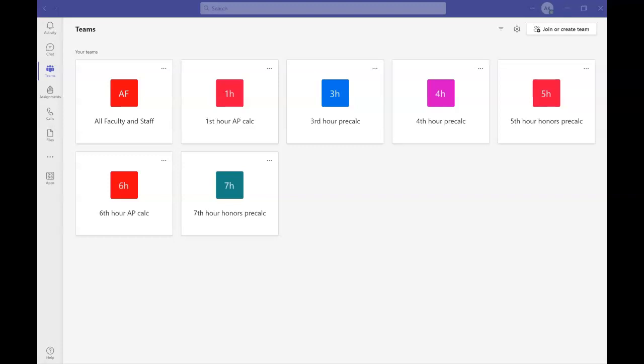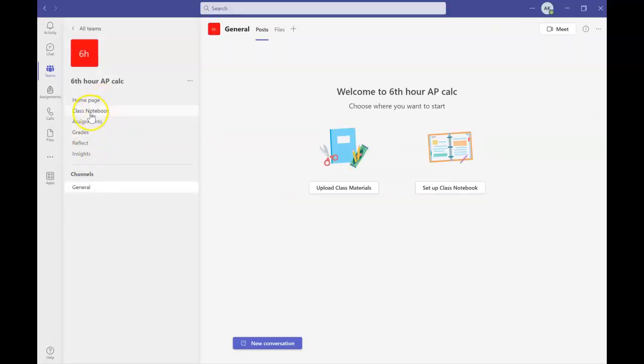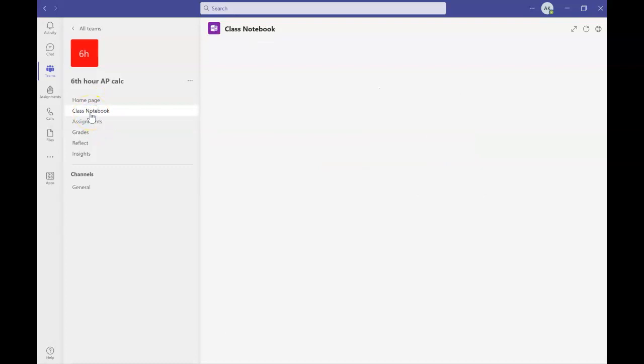All right, we're going to set up our new OneNote for the semester. After you've opened up Microsoft Teams, you should see a 6-hour AP Calc tile on there. Is anybody missing the tile? Okay, go ahead and click on that tile. In the navigation pane on the left, hit Class Notebook.